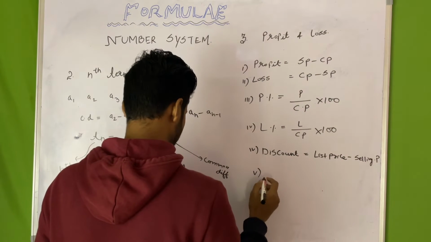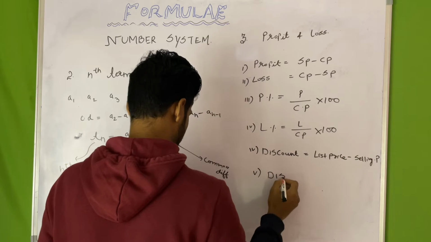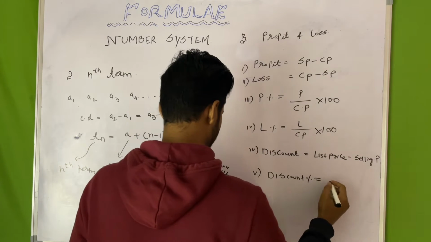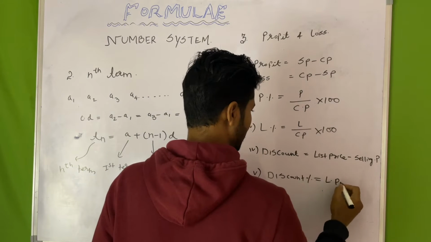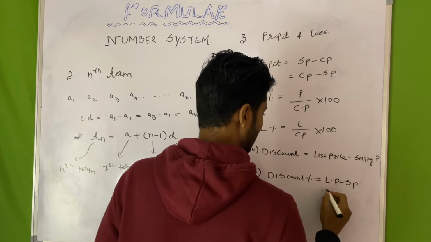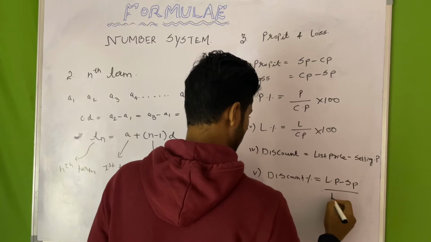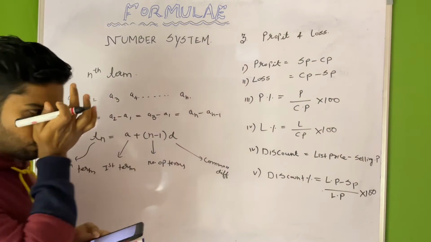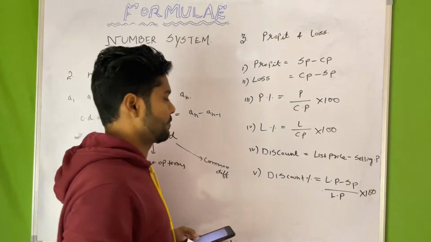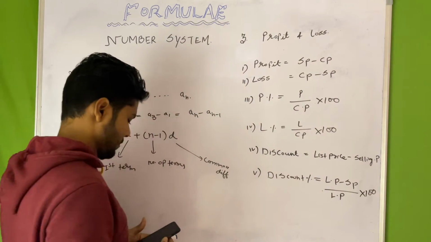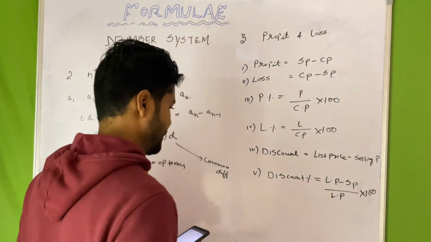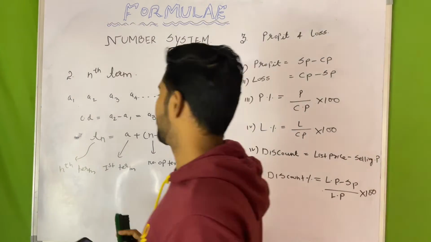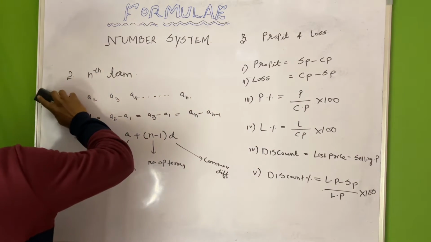And discount percent is equal to list price minus selling price upon list price into 100. List price is the price which is listed on the object.